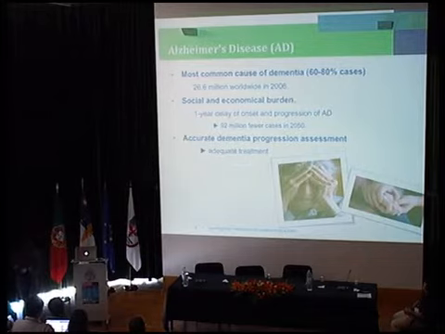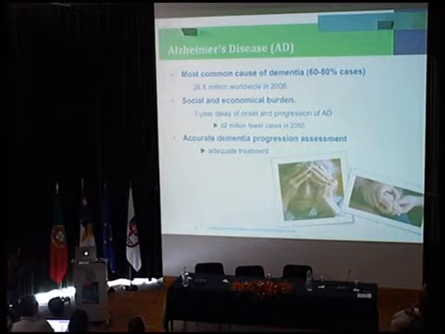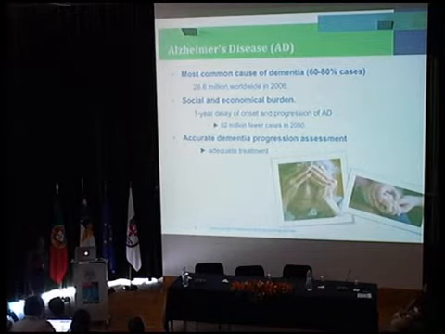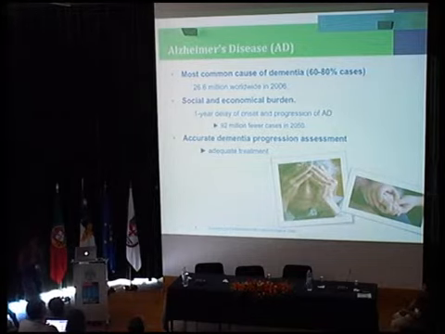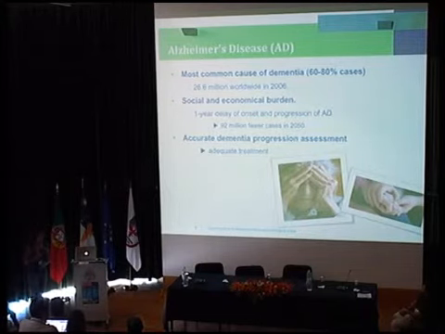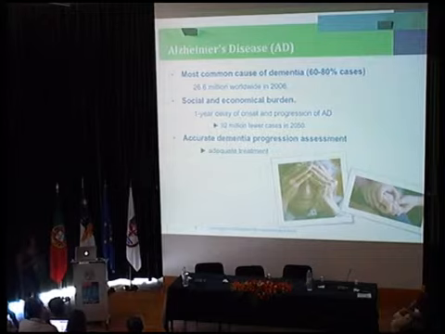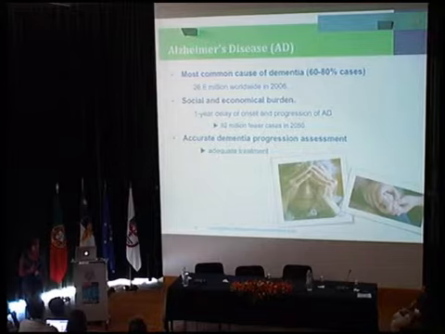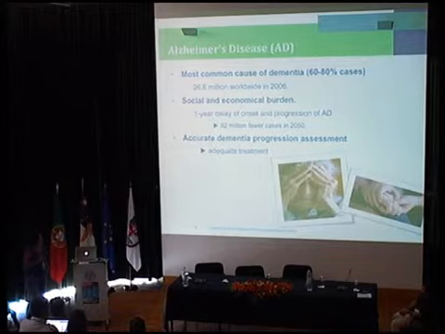So basically, all we know about Alzheimer's disease, it is the most common cause of dementia, and we know that besides the social problem that the Alzheimer's disease causes both in the patients and in the family, there is actually another problem that is the economical problem that is associated to Alzheimer's, and that's basically why in the US and also in Europe they are investing a lot in prevention.